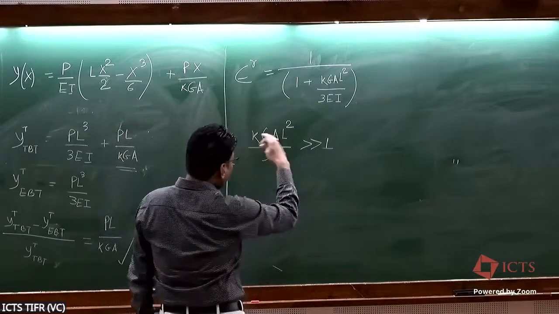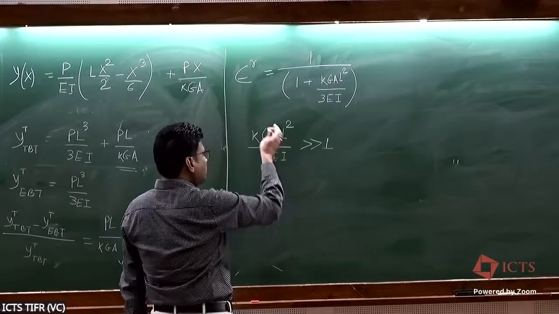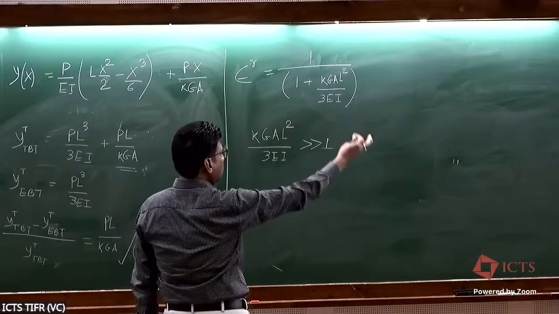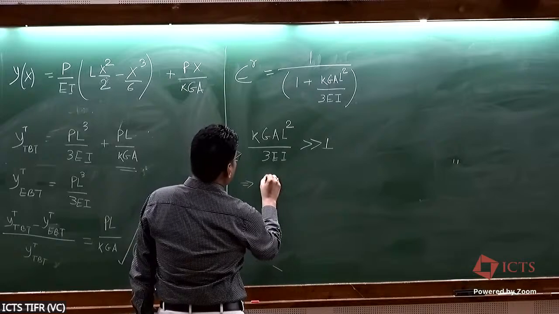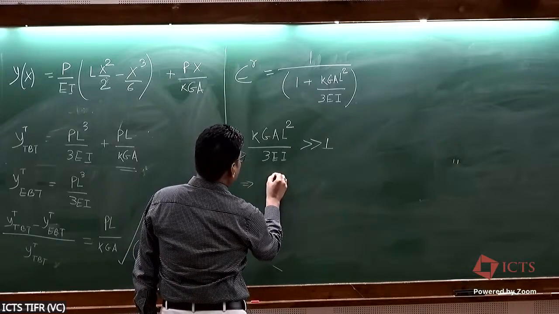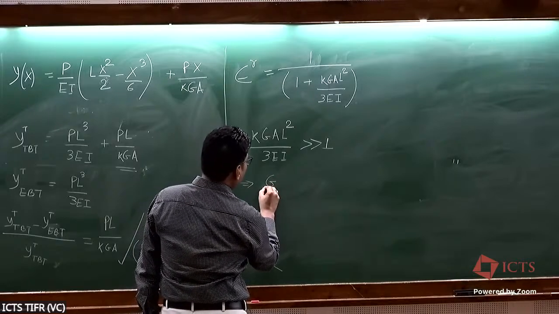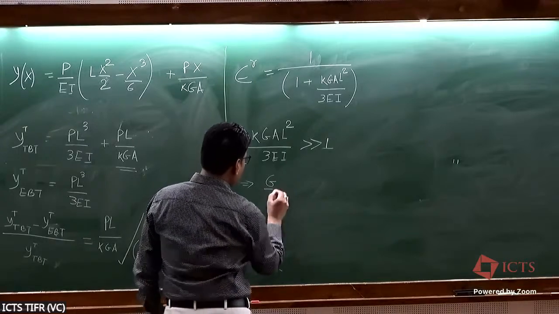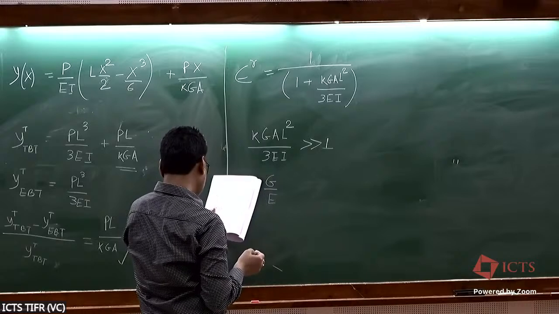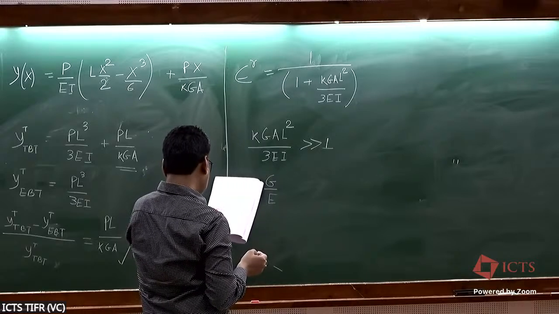Now, what we can do here is keep the material properties on one side and geometric properties on the other side. So this is going to become G over E. Let me see how I've done here.